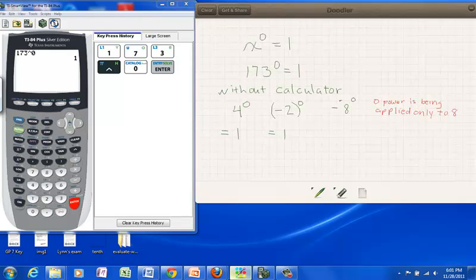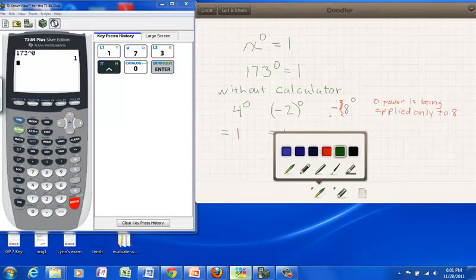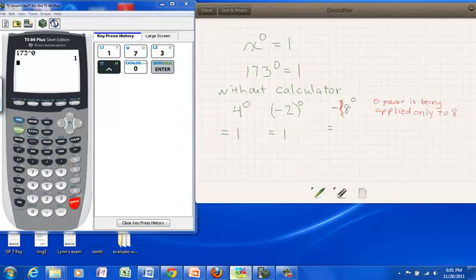It's almost like there's a brick wall in between because those two are not being connected. Well, if that's the case, then 8 to the 0 power is 1, and this negative sign is going to come down outside.